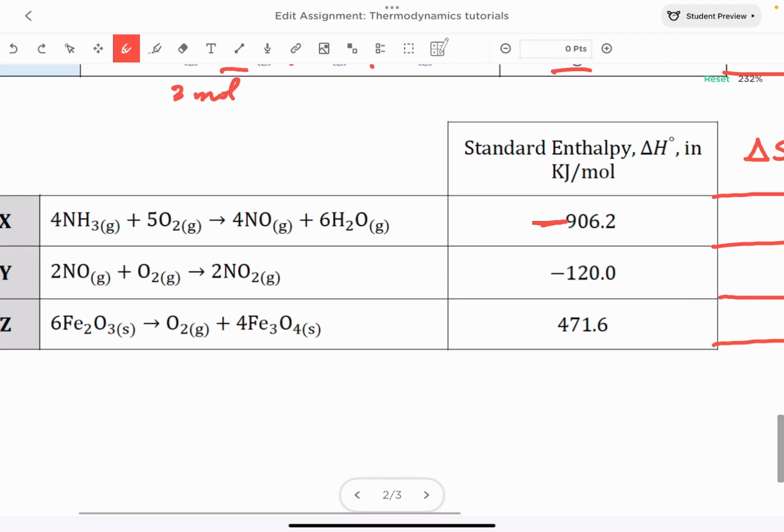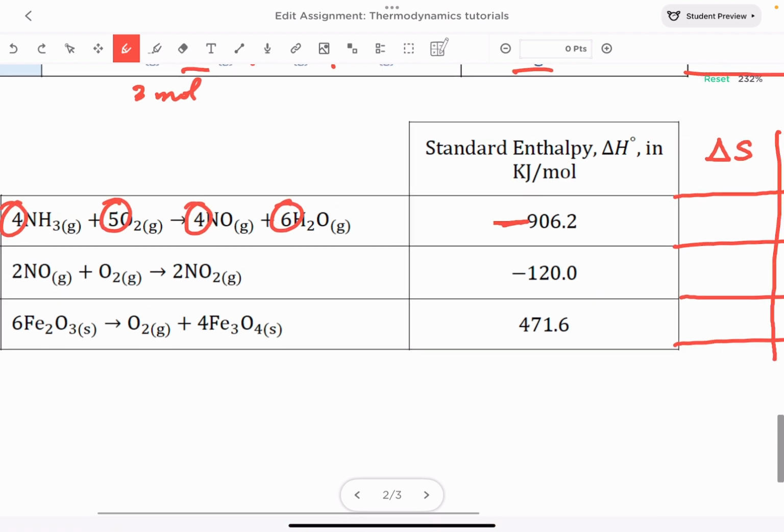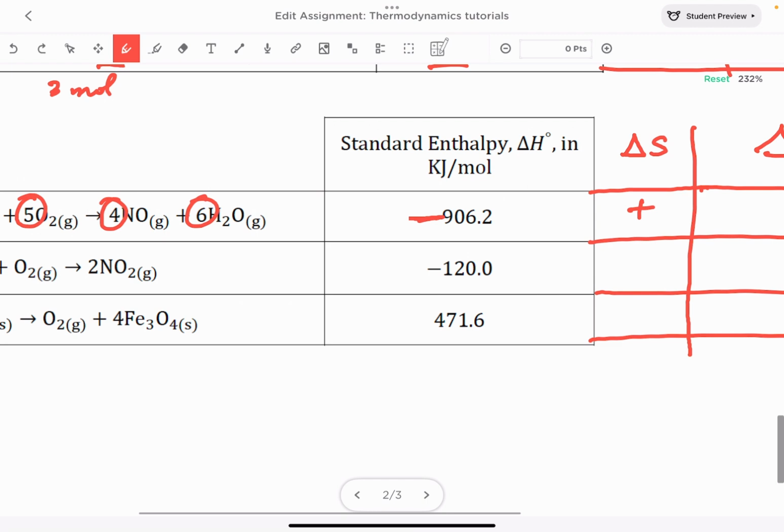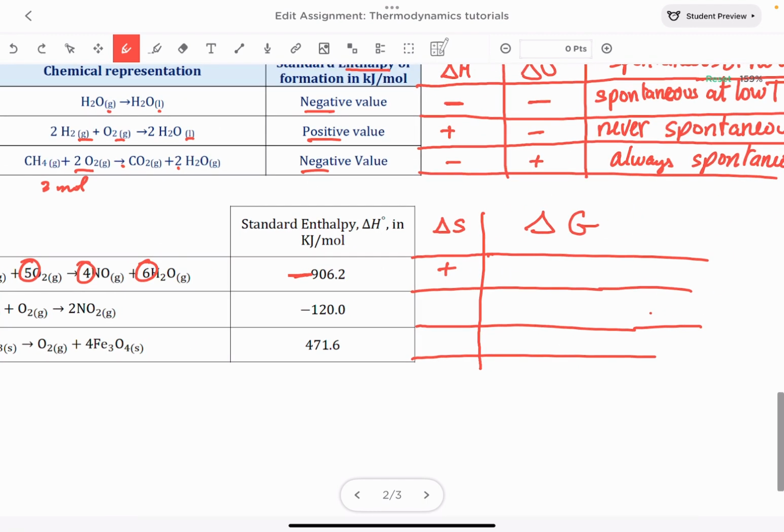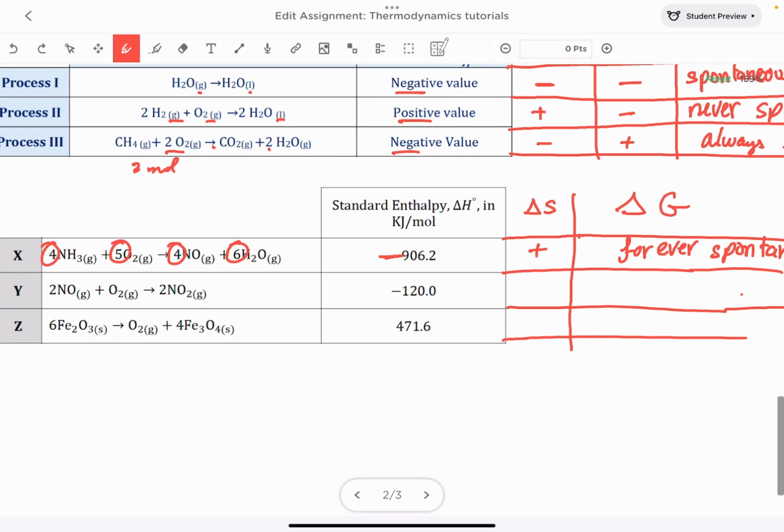Now, let's look at delta S. I have 9 molecules turning into 10. So the entropy is increasing. An exothermic system with an increasing entropy, the reaction is forever spontaneous. It's always spontaneous.